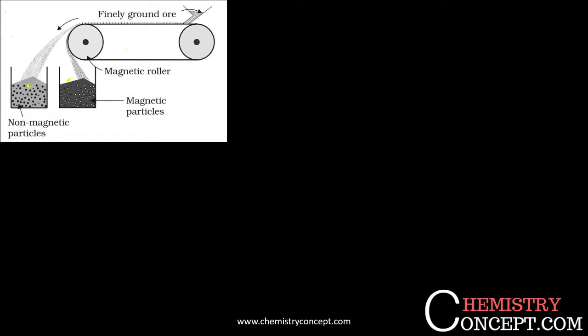So this is a magnetic roller. When you are going to put finely ground ore from here, what will happen? The more magnetic particles, or you can say the pure ore, will be collected here, and non-magnetic particles will be collected here. So this is the magnetic separation method.